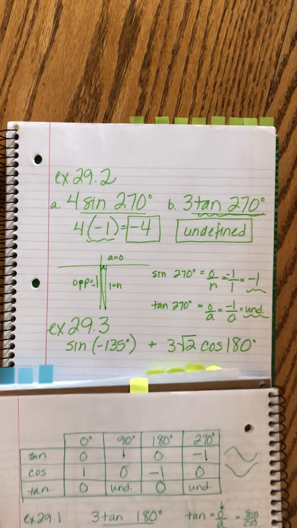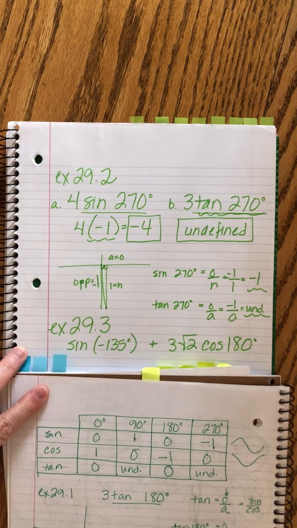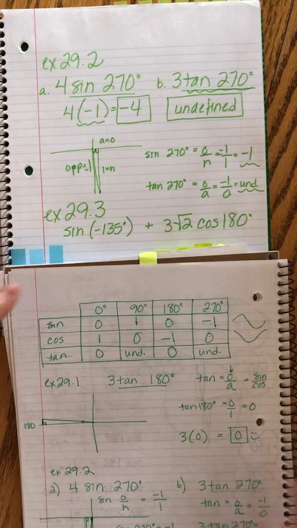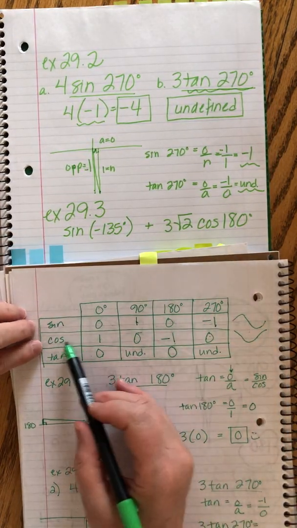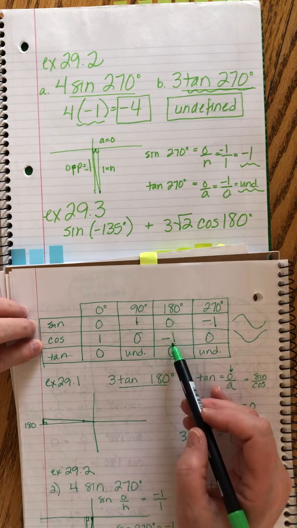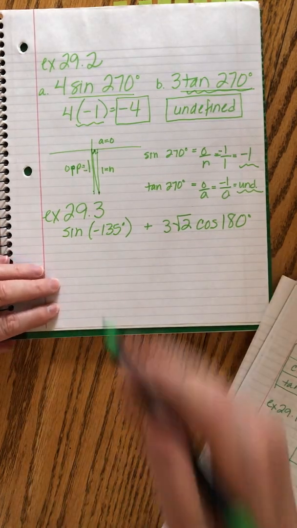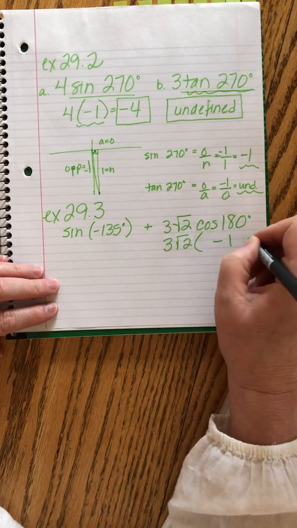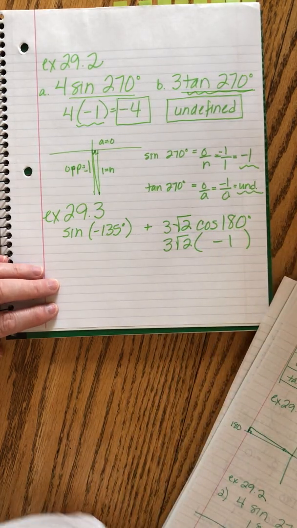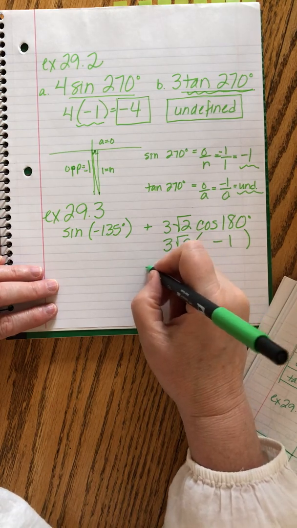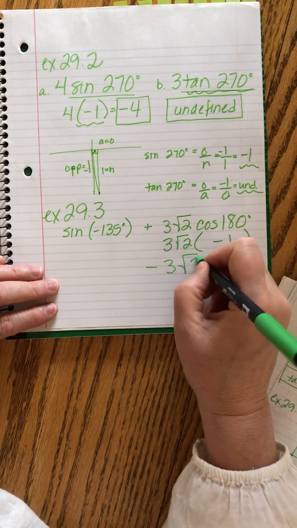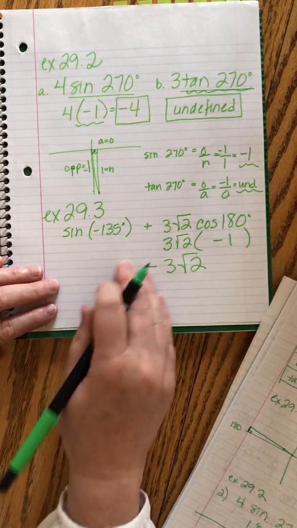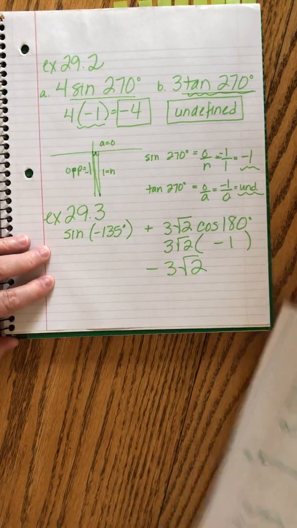I'm going to go to my chart and find out that the cosine at 180 degrees is negative 1. So this is 3 square root of 2 times negative 1, which is minus 3 square root of 2. Now I'm going to combine it with whatever I get over here.